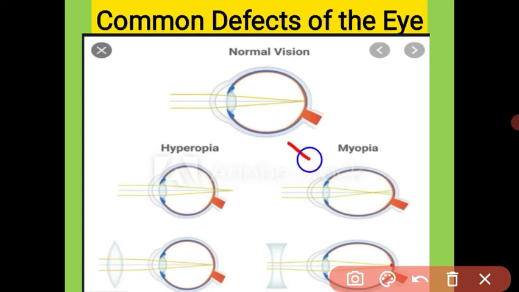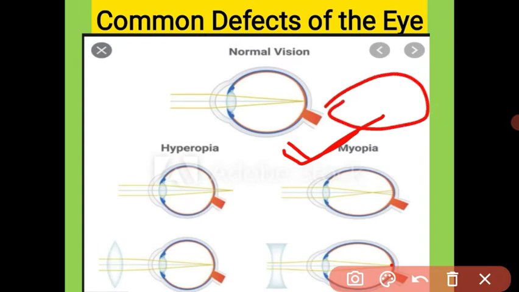Understood what myopia is? Myopia is called nearsightedness. It means the person can see the near object clearly, but the far object is not seen clearly. It appears blurred. And what is the reason behind it? The eyeball is elongated and the lens is too curved, so the image is formed in front of the retina, in the vitreous chamber, and this defect is corrected by using a concave lens.